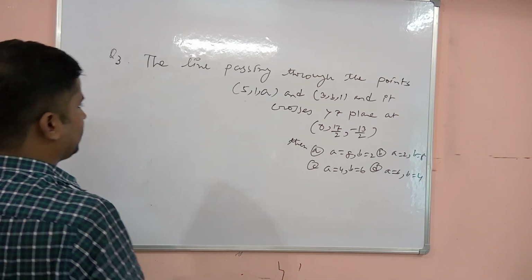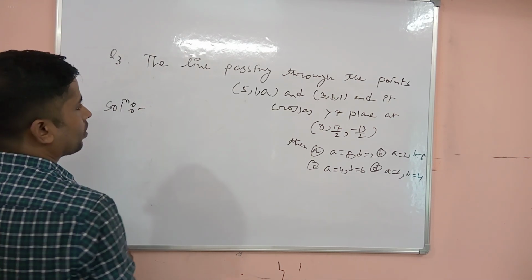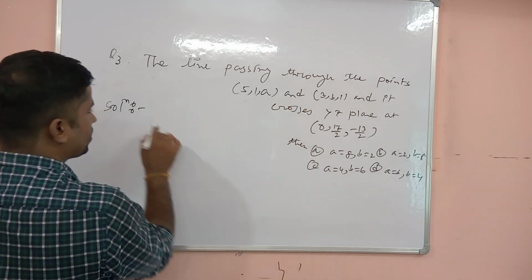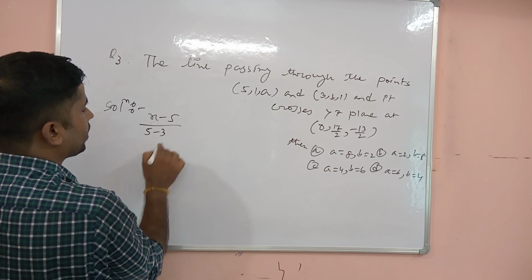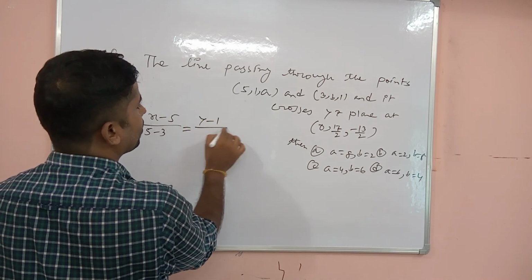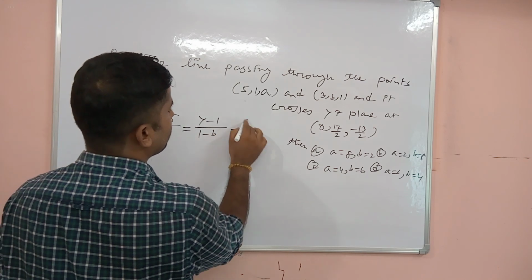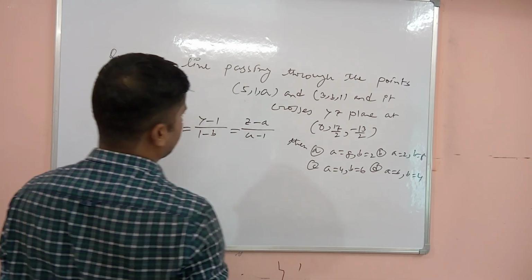Okay. So the solution would be the equation of the line through these 2 points: x minus x1 by x1 minus x2, y minus y1 by y1 minus y2, z minus z1 by z1 minus z2.